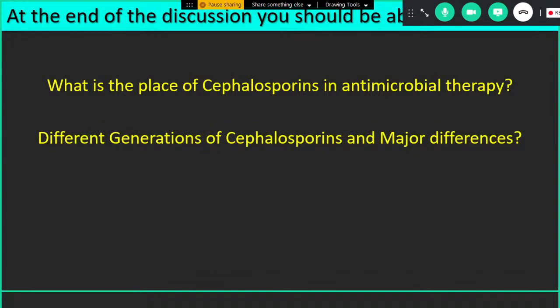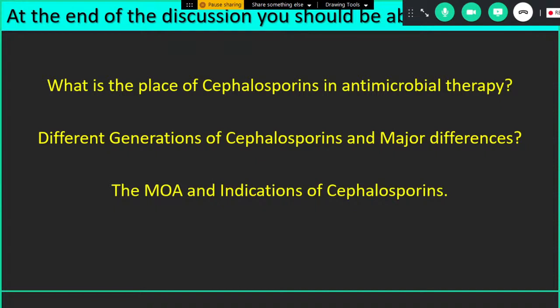You have to understand the difference between these generations, and the basic spectrum of these cephalosporins, and then you can understand where to use them.